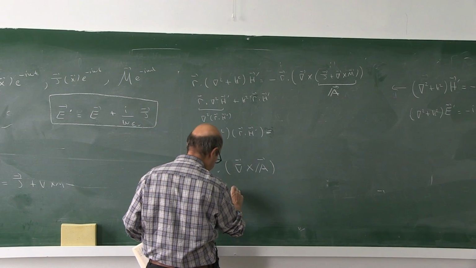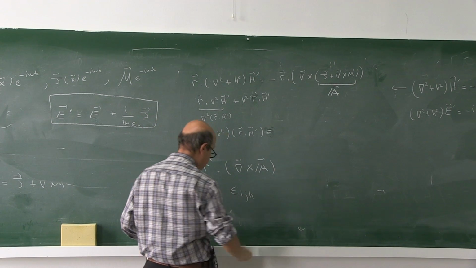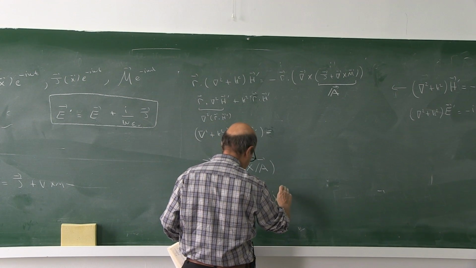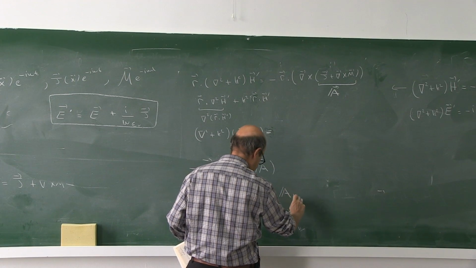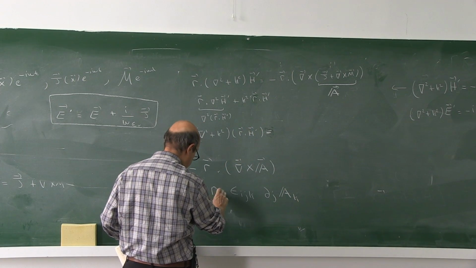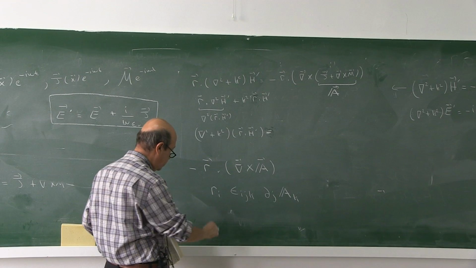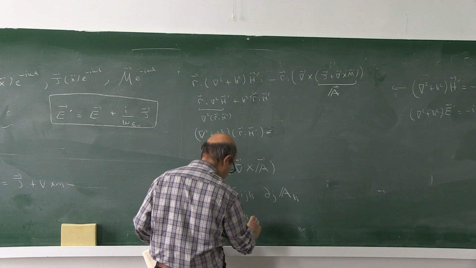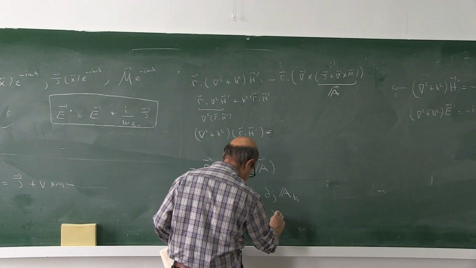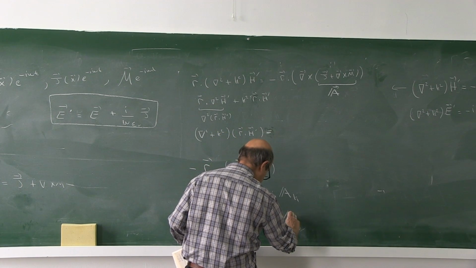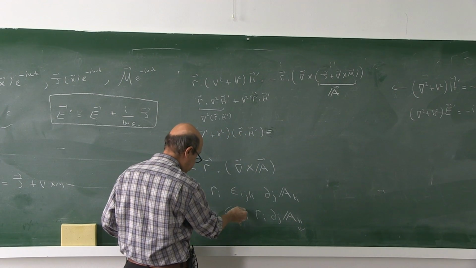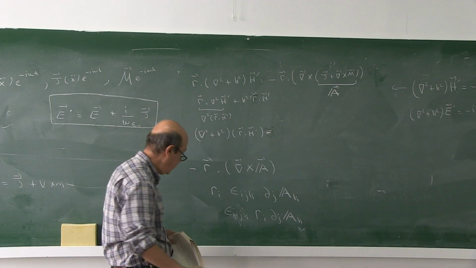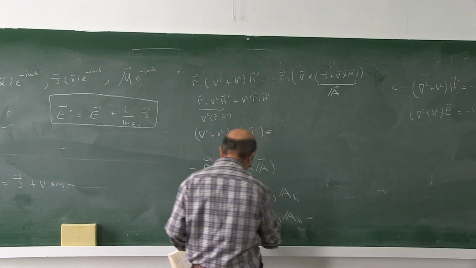That was equal to epsilon ijk del j Ak, and this is ri. You have the minus sign. You can take this to the inside. That is equal to epsilon ijk ri del j Ak. You can flip this two times with two minus signs, it makes positive. And what is this?